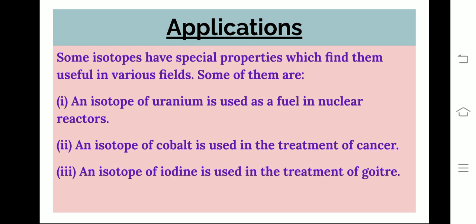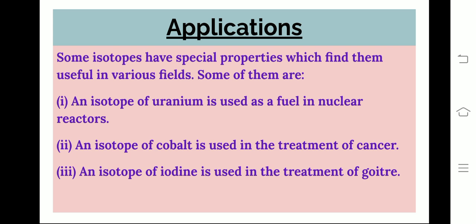Applications of isotopes. We know that the chemical properties of isotopes are similar, but their physical properties are different. Since the chemical properties of isotopes of an element are the same, normally we are not concerned about taking a mixture.